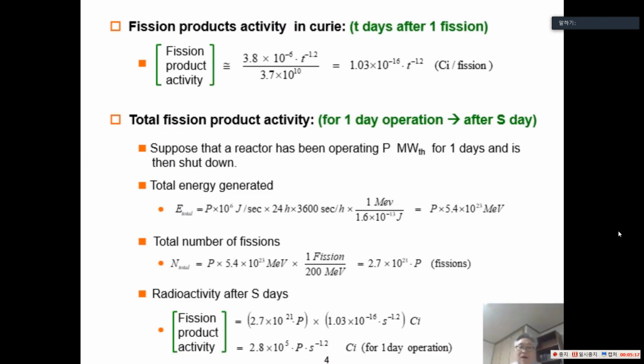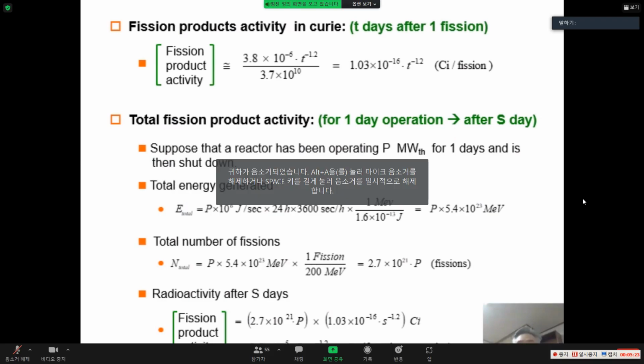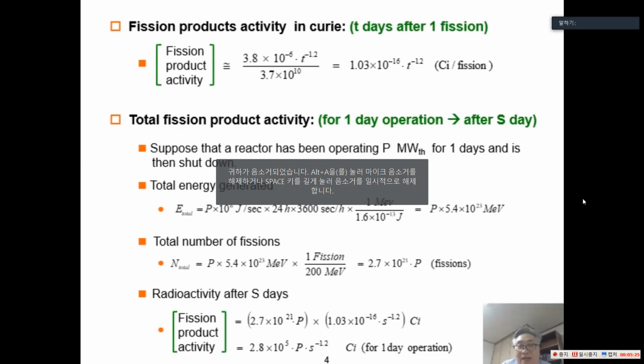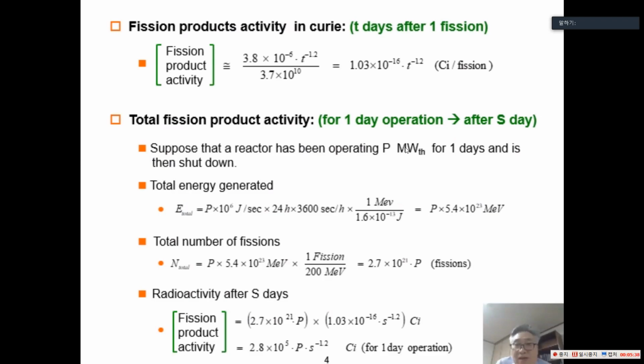And let's think about when a nuclear power plant has been operated at P megawatt thermal for 1 day and shut down, and we would like to calculate the total energy generated. This is just a unit conversion process. But before we go there, we have to understand the notation.